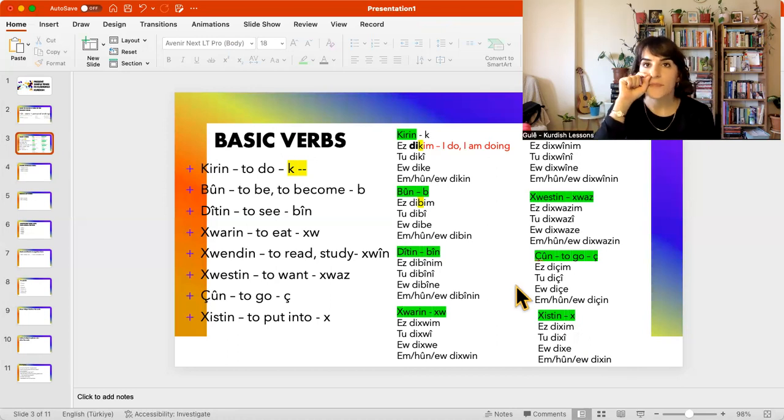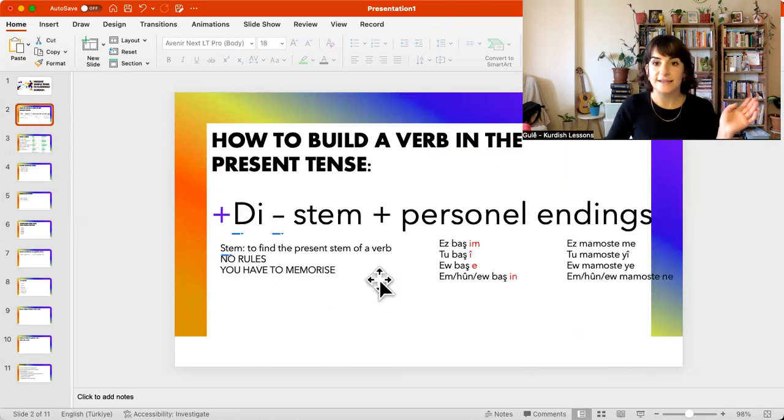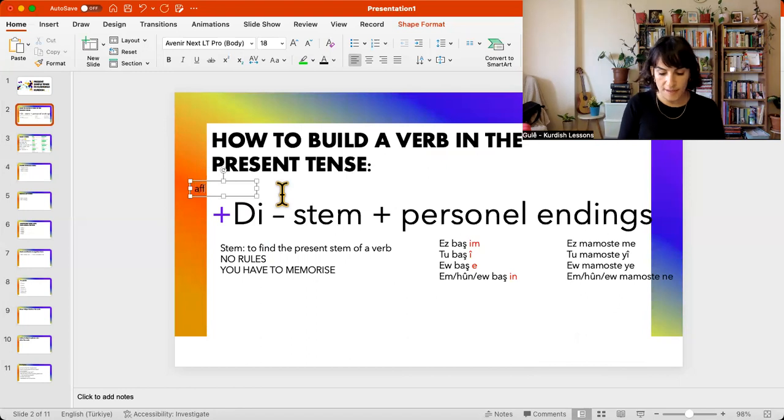So do is the affirmative form, right? I do, or I am doing, or I eat, I am eating. And if you want to make it negative, so do is for the affirmative, the positive form. Important.